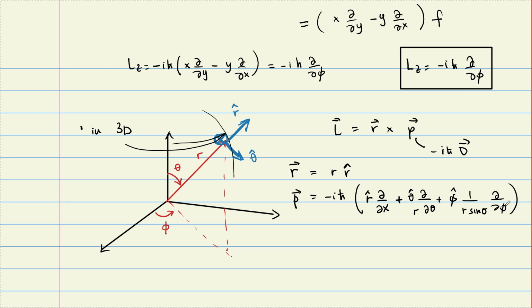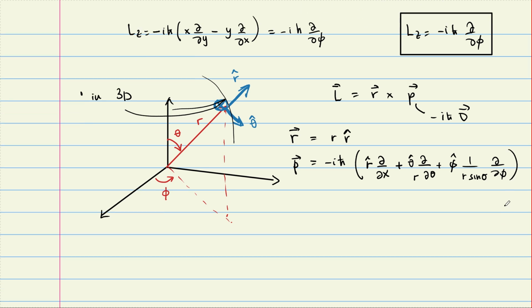It's a little bit complicated, but you have to think a little bit more. We are interested in R cross P, and its Z component is what we want. And R has the r unit vector, right? These unit vectors behave exactly like Cartesian unit vectors.